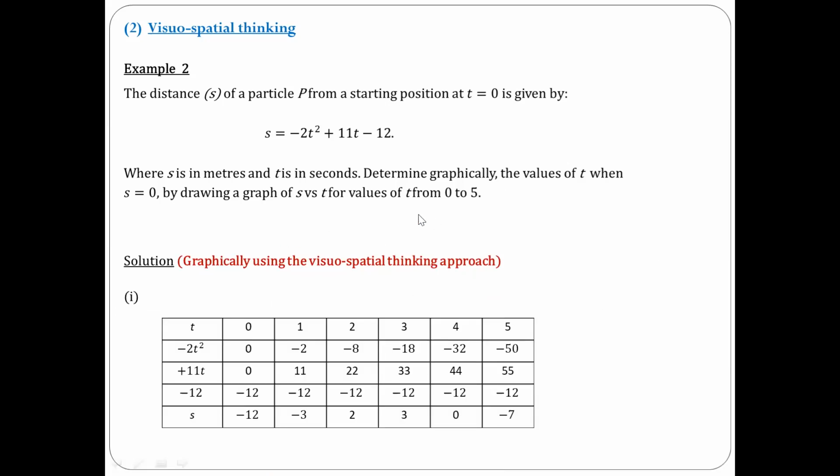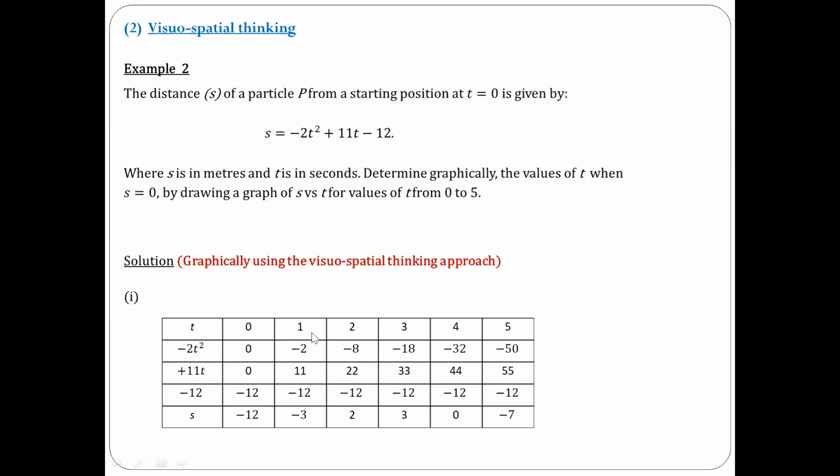What we're going to do is draw a table, t values from 0 to 5. And then in the table, we are going to have the 3 terms vertically: minus 2t squared, plus 11t, minus 12. We're going to determine the value of each one of them when t is 0, 1, 2, and so forth up to 5.